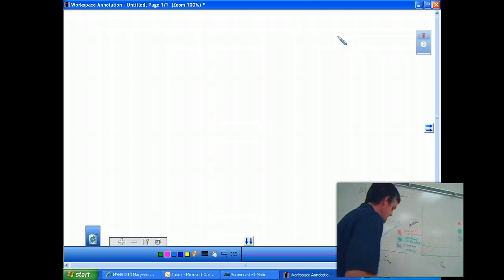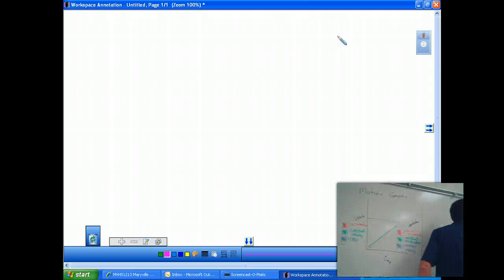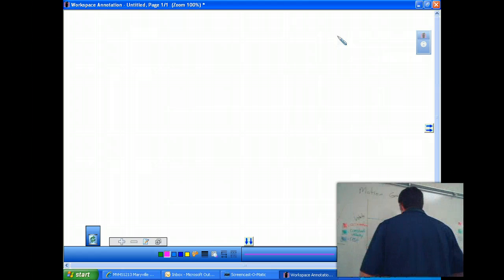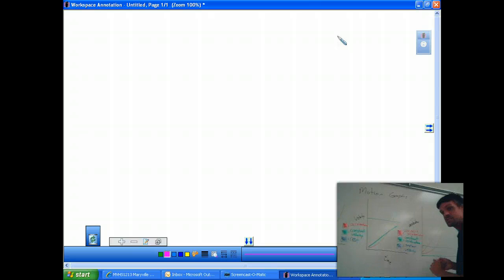This object here has acceleration because it's at some number, it's at some value, and it's staying the same as it goes across. It's my attempt at a straight line. We would say that that object has constant acceleration. And then finally, that red line is a changing acceleration.